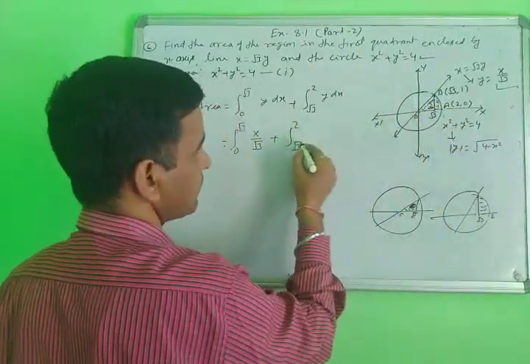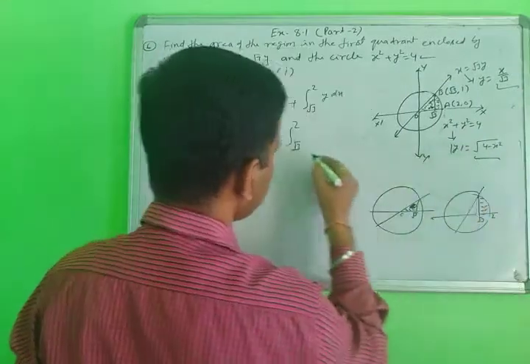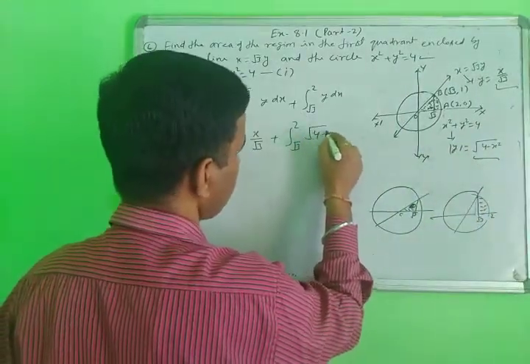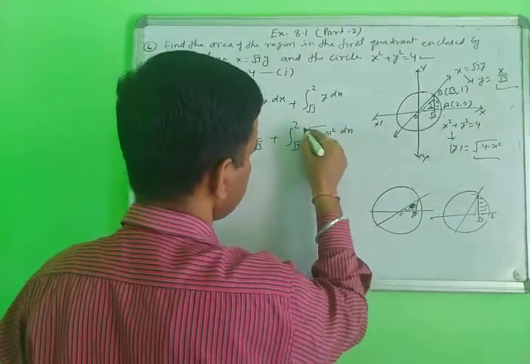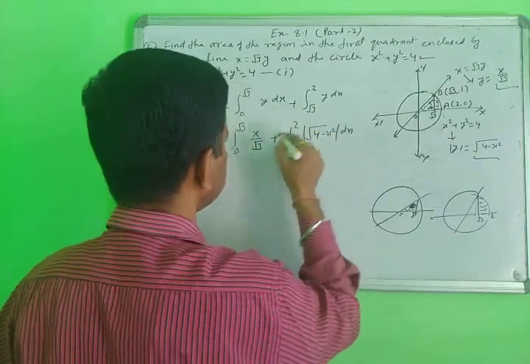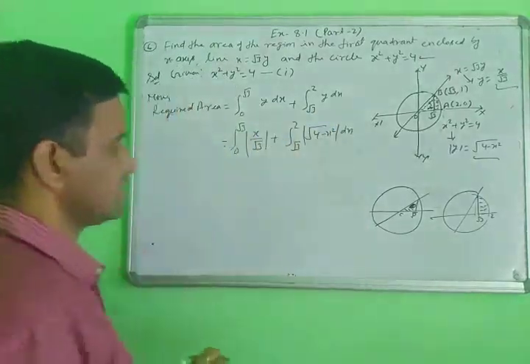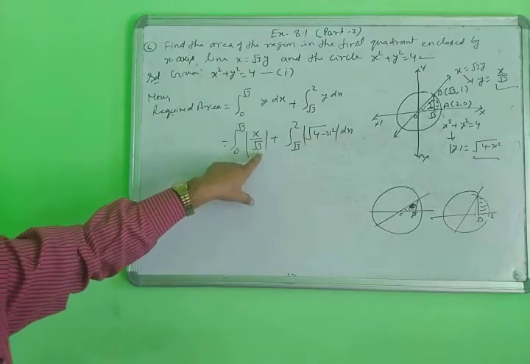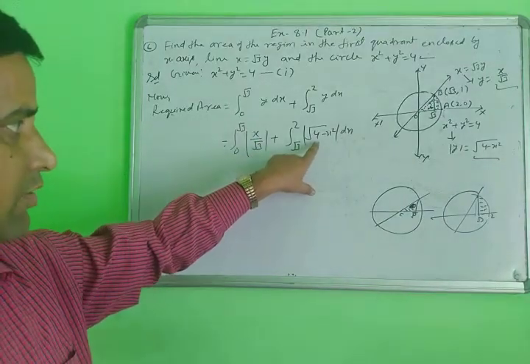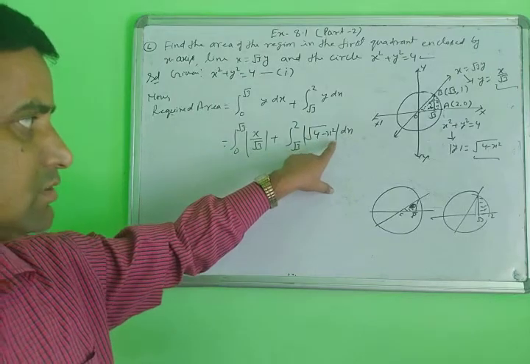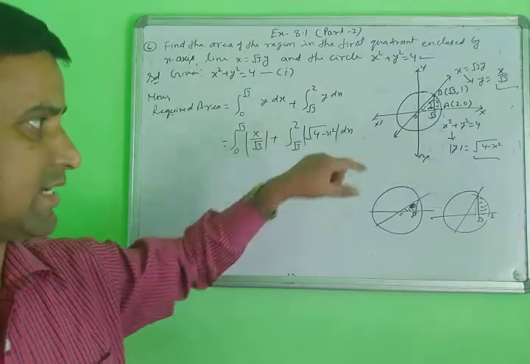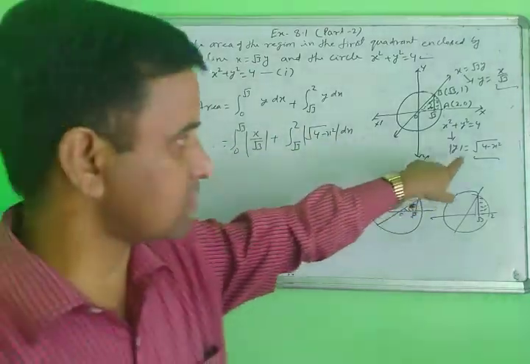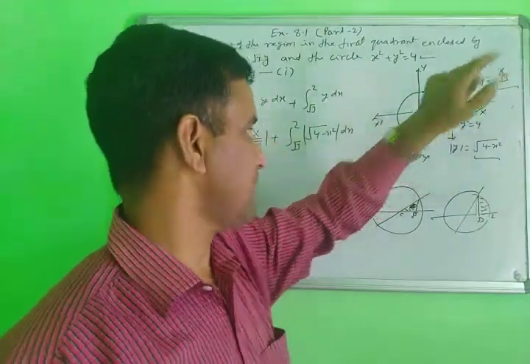So the equation of circle is root 4 minus x square dx. According to this, x upon root 3 and the positive value here is root 4 minus x square dx. This is the equation of the circle, and this is the equation of the line.